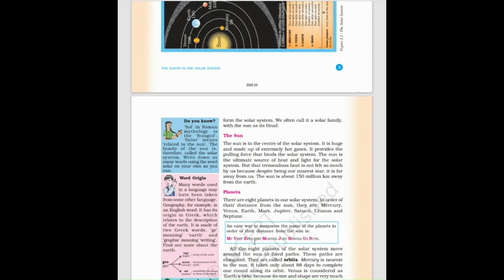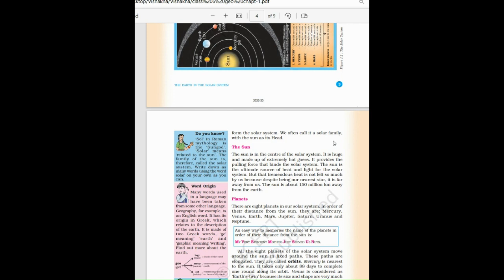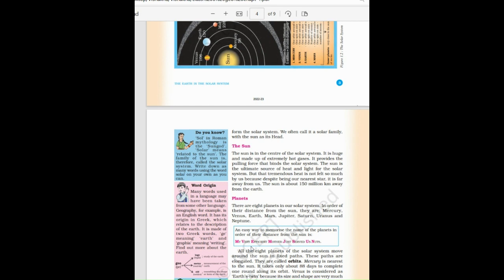My Very Efficient Mother Just Served Us Nuts. In this sentence, the first letter of every word is the starting letter of a planet, in the proper order: Mercury, Venus, Earth, Mars, Jupiter, Saturn, Uranus, and Neptune.